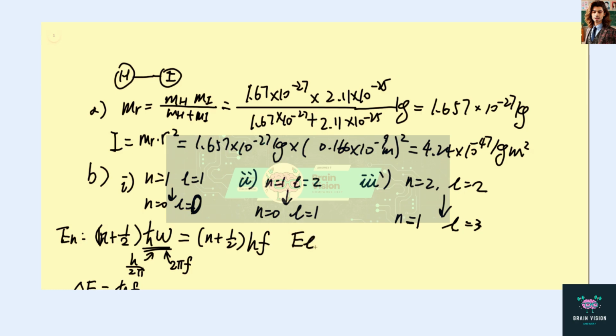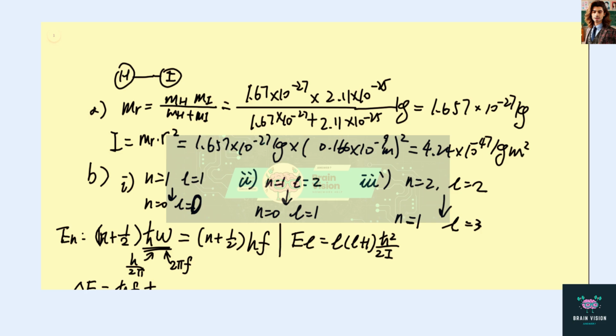And then let's look at the rotational energy. Rotational energy is given by L times (L plus 1) h bar squared over 2I. And we already calculated I in the previous question in part A, so now we can just use the result.